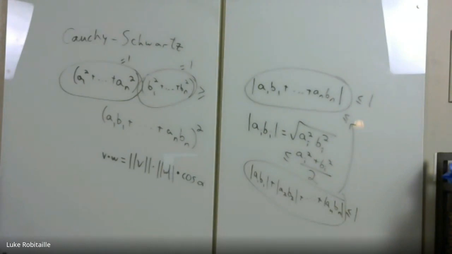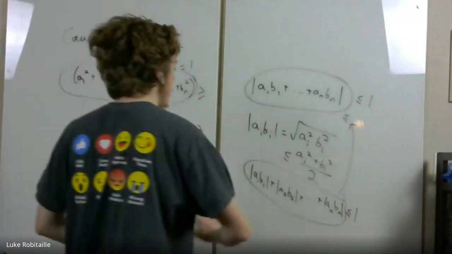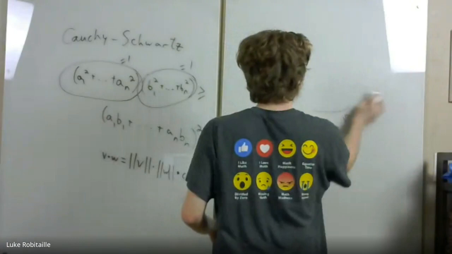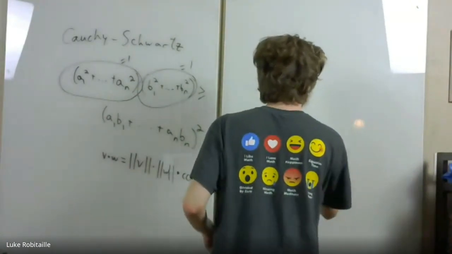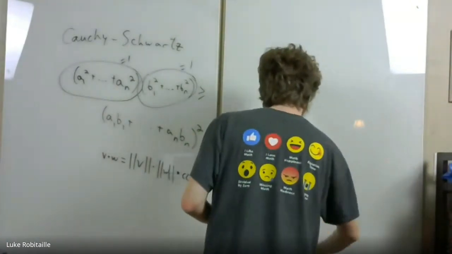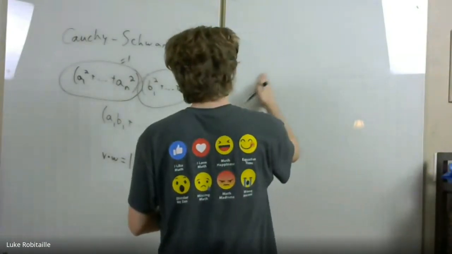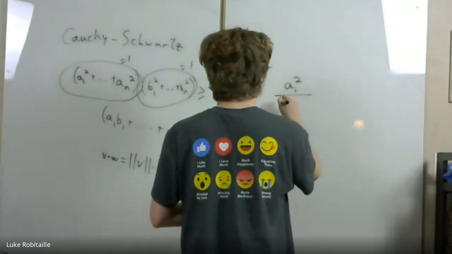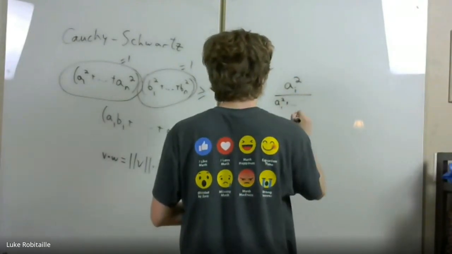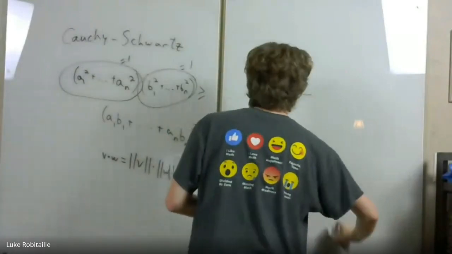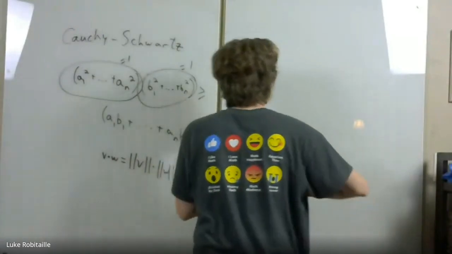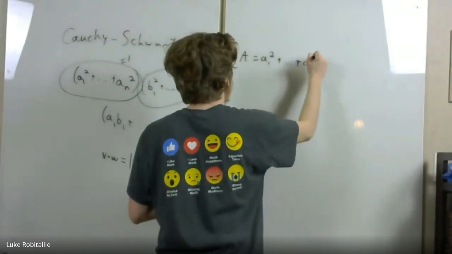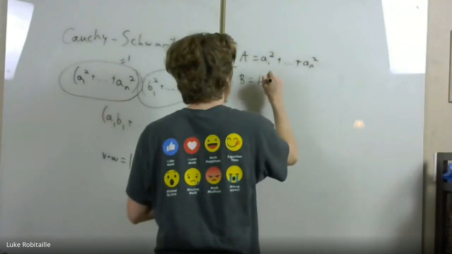Yeah, okay. Again assuming the a_i are not all 0 and the b_i are not all 0, if you take the original numbers, for convenience let capital A be the sum of the a_i squared, and let capital B be the sum of the b_i squared.